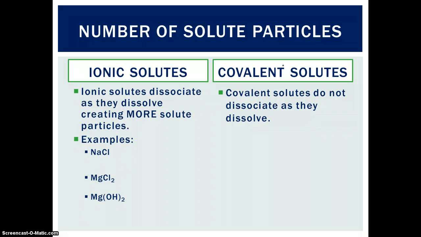Ionic solutes dissociate into ions when they dissolve. So remember, if we put salt, for example, sodium chloride into water, it's not going to be just sodium chloride, it's going to be a sodium ion and a chloride ion. So in reality what you have is 2 ions for every 1 sodium chloride, so the i is 2.